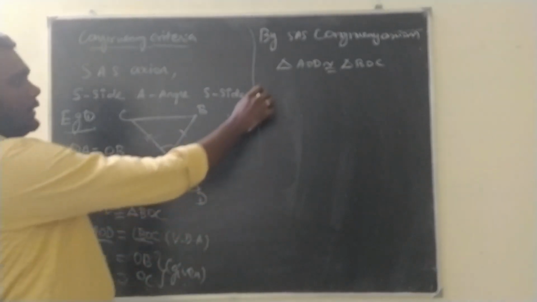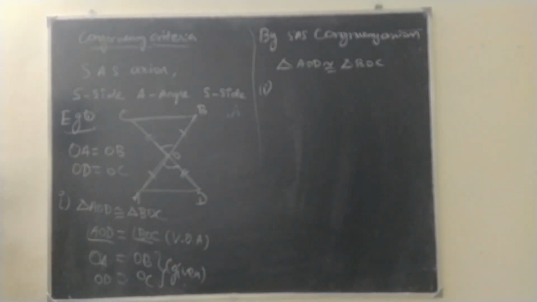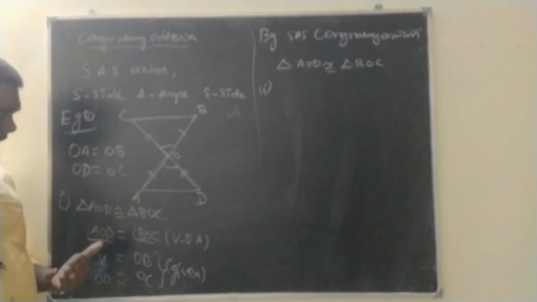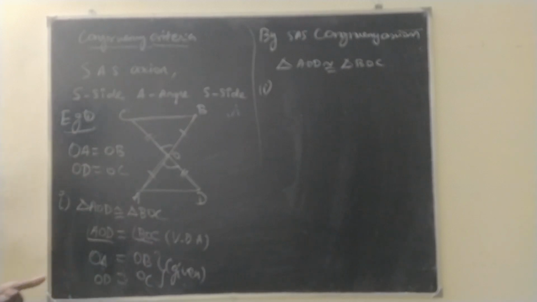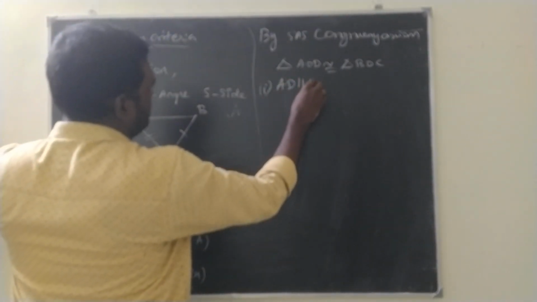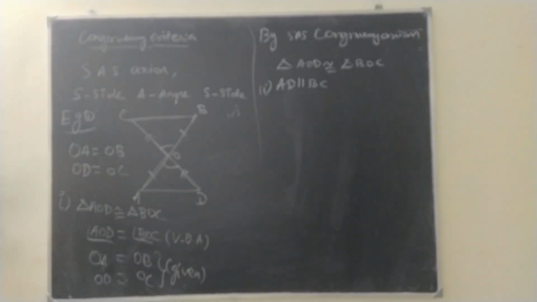And the second part, how do we prove that second part? The second part we need to prove is, oh, did I write that or not? No. AD is parallel to BC. AD is parallel to BC.